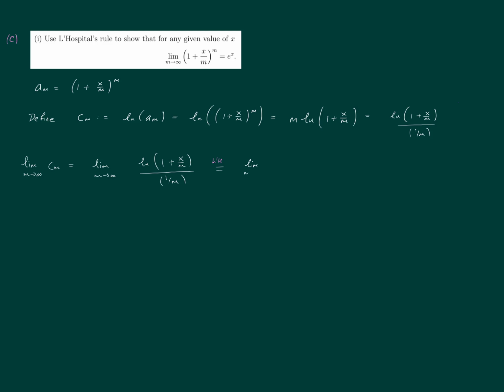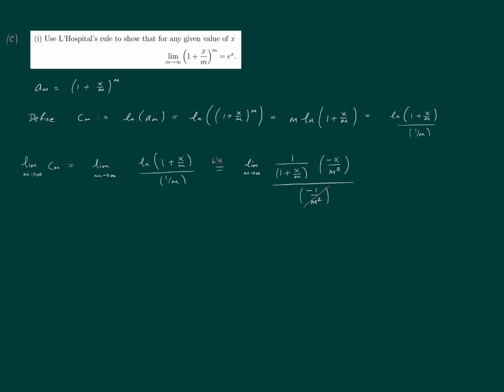This equals the limit as m goes to infinity, differentiating the top with respect to m. You're considering m now to be a real variable rather than going through the natural numbers, but the function still makes sense for real m, positive real m. So if we differentiate the top, we get this, and if we differentiate the bottom, we'll get minus 1 over m squared. So we're going to get this cancellation.